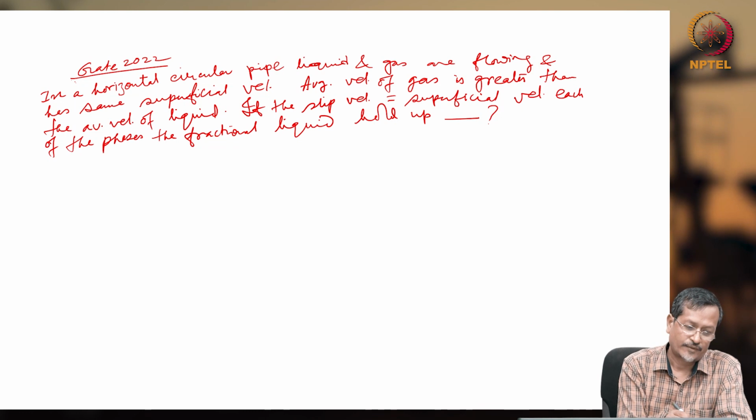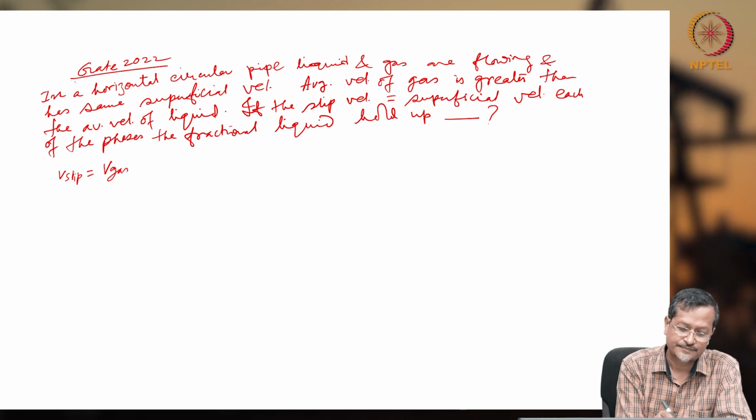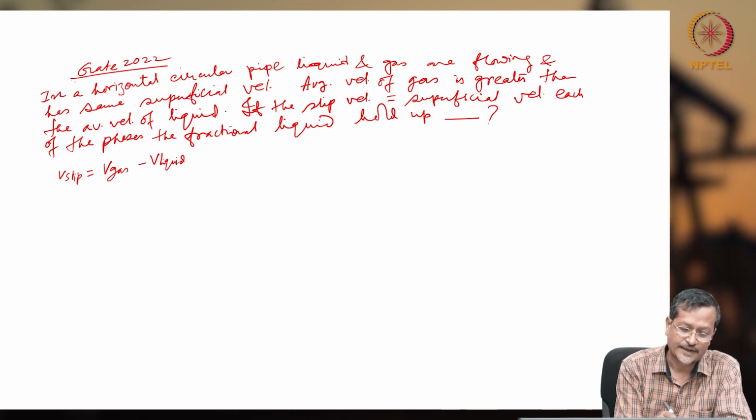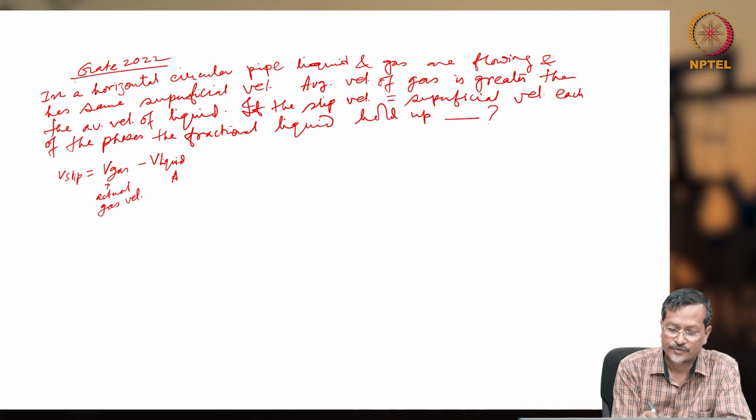So to solve this problem, we first write the slip velocity, V slip, equals V gas minus V liquid. Okay, so this is the actual gas velocity and the actual liquid velocity.